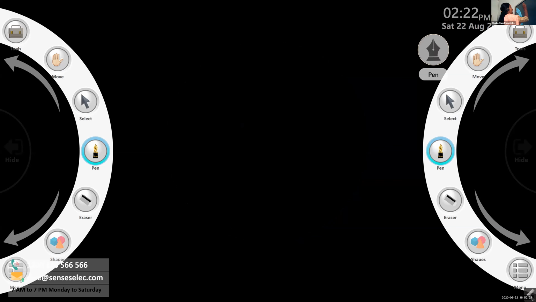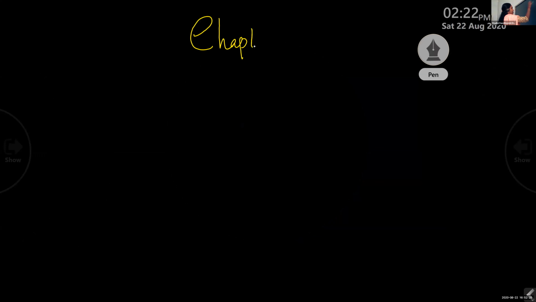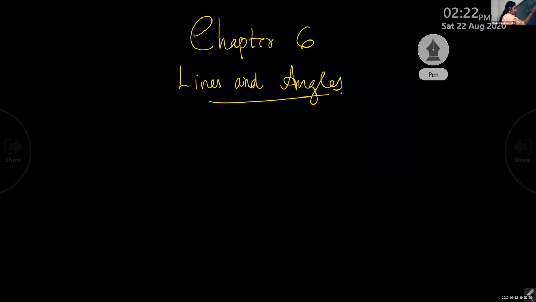Okay, children. And we are going to start a new lesson, chapter 6, lines and angles. In between, chapter 5 is there, that is deleted from our portion, and it is Euclid's geometry. Why it is deleted means it has the continuation in 10th standard. Almost the same thing we are studying in 10th standard also.